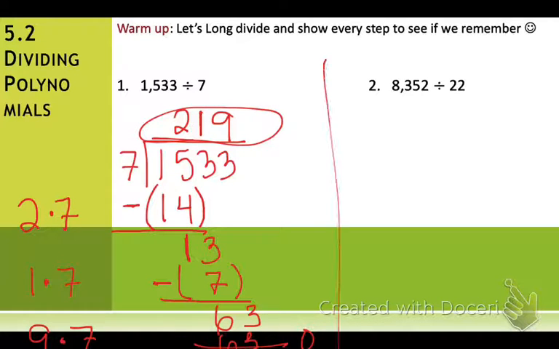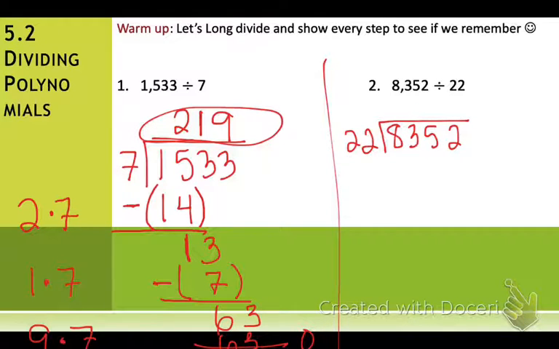Alright, next problem, let's look at number 2. Pretty sure I set number 2 up to have a remainder, so we're going to see what that looks like. Okay, so first I write it: 8,352 divided by 22.